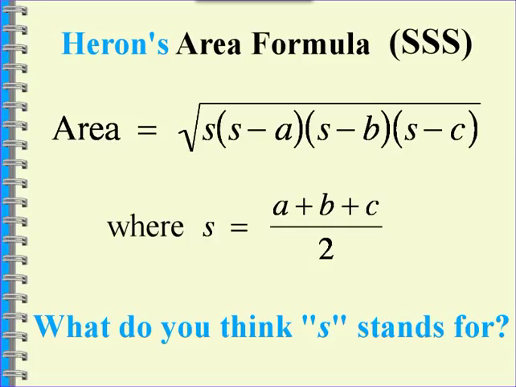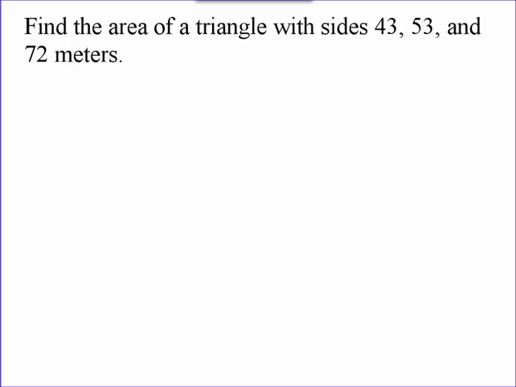So anyway, let's look at a problem that deals with that. Find the area of a triangle with sides 43, 53, and 72 meters. Our goal is to find the area of that triangle. Without this formula, we could get there, it's just going to be a lot more work.